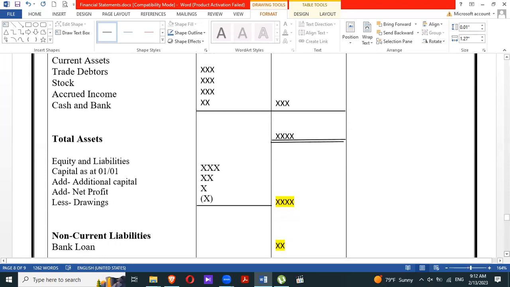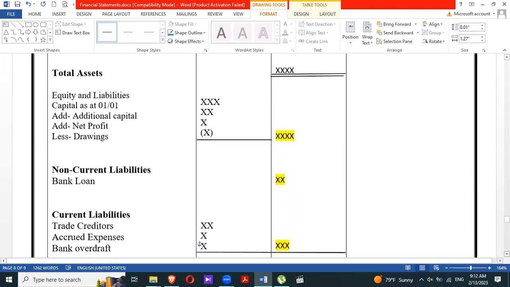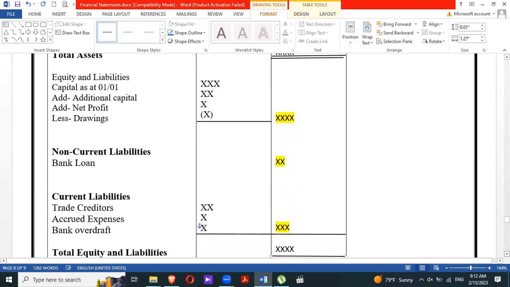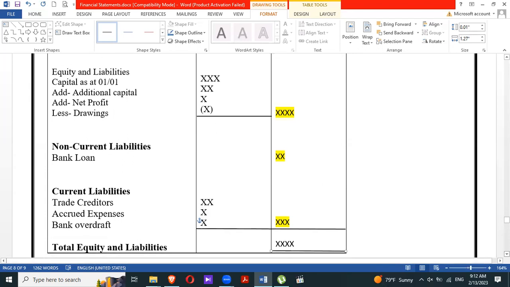Then equity and liability. Capital first, and the date should be mentioned, right? Opening capital plus additional capital plus net profit minus drawings, right? When there's no additional capital given, no need to write that title. Non-current liability: only one will be given, that is bank loan, so directly you can take that balance to the last column.